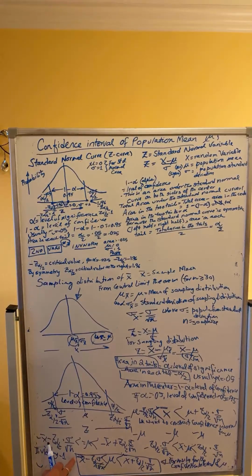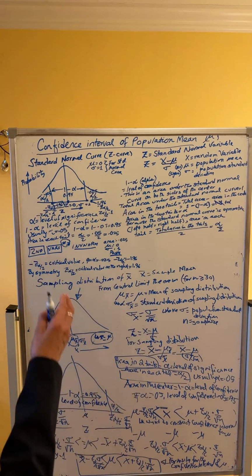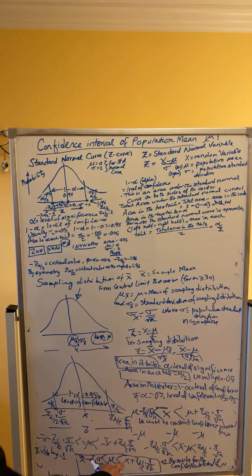The lower boundary is x bar minus z alpha by 2 times sigma divided by square root of n, and the upper boundary is x bar plus z alpha by 2 times sigma by square root of n.